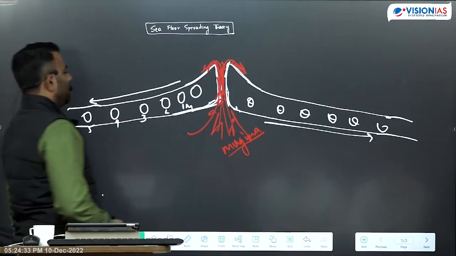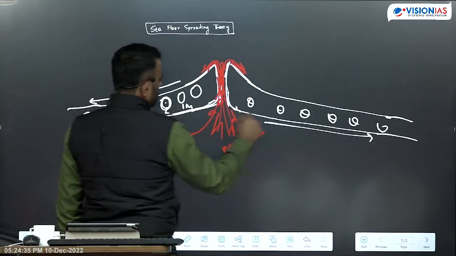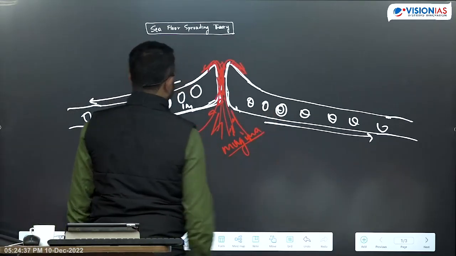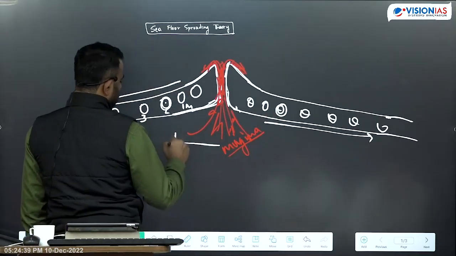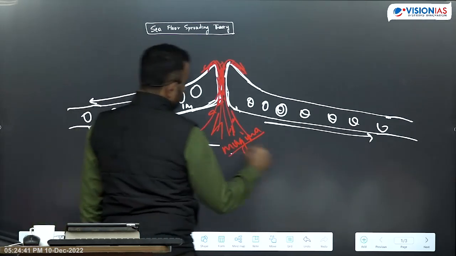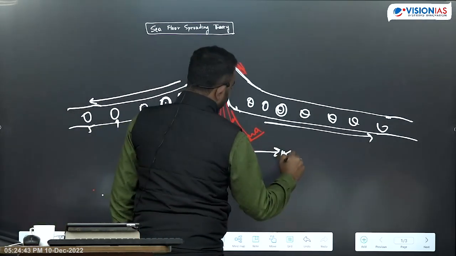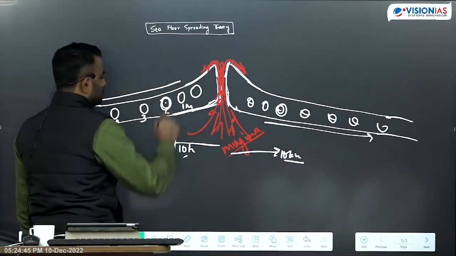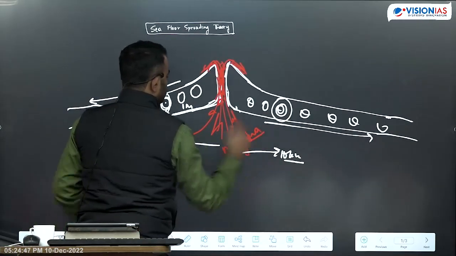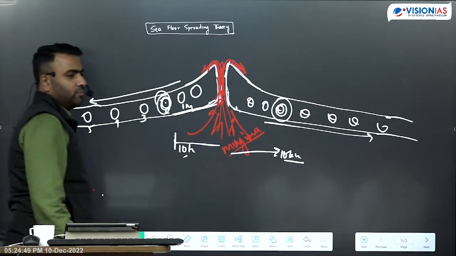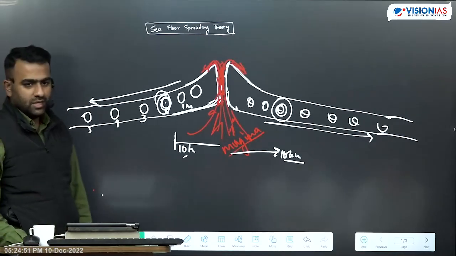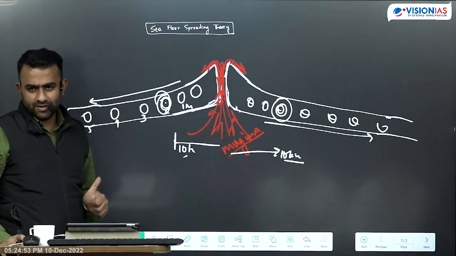ठीक है. And if you compare the rock samples collected at equidistance, okay, from a mid-oceanic ridge, let's say यहाँ से 10 किलोमीटर, यहाँ से 10 किलोमीटर. At equidistance from a mid-oceanic ridge, you collect the rocks. These rocks, which are located on both the sides away from the mid-oceanic ridge, they are exactly similar.